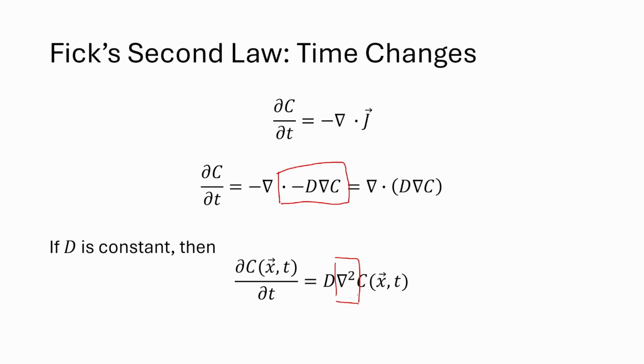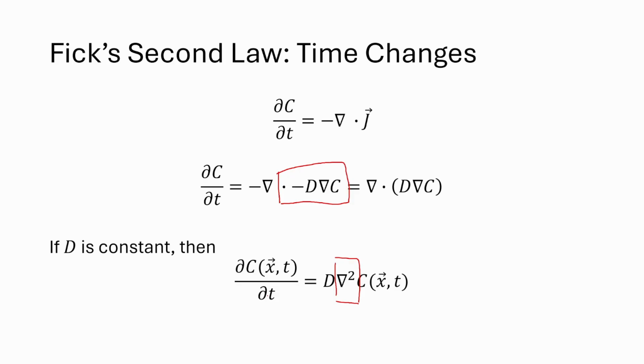Also, I've just written explicitly here that the concentration is a function of position and time. That at every point in space, there is some concentration, and at every moment in time, there is some concentration at each of those locations in space.